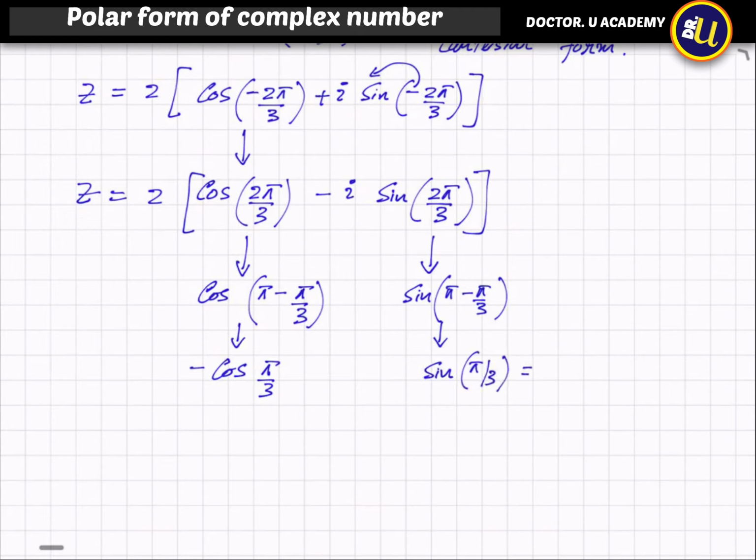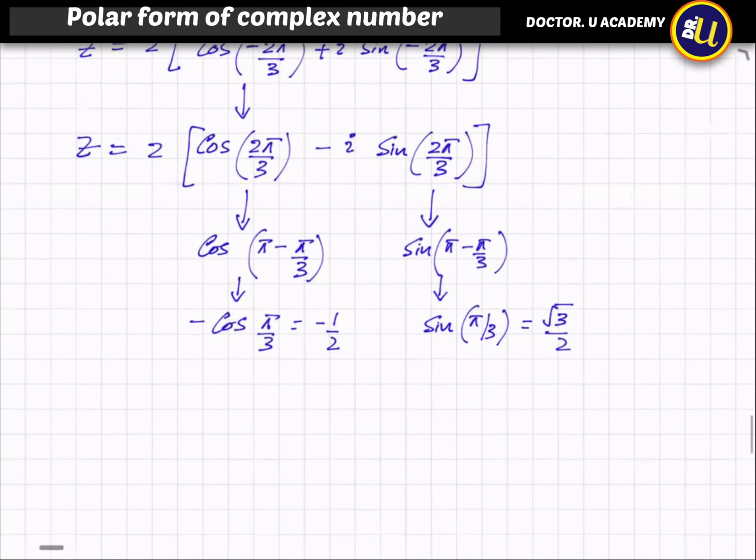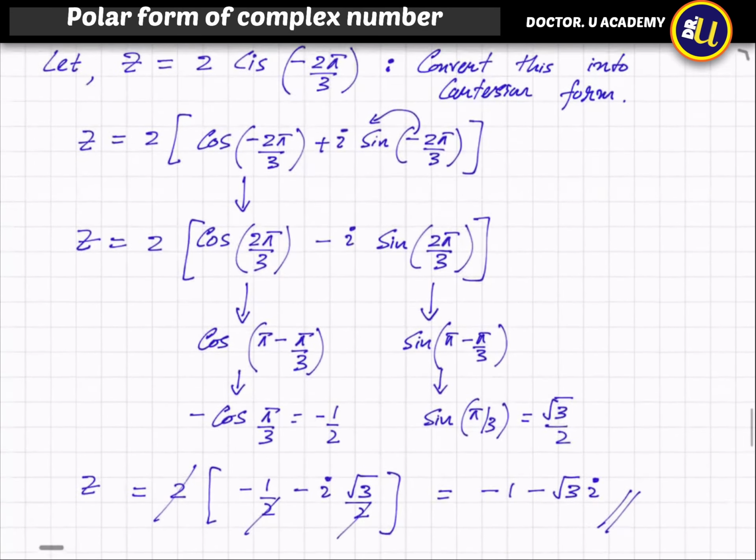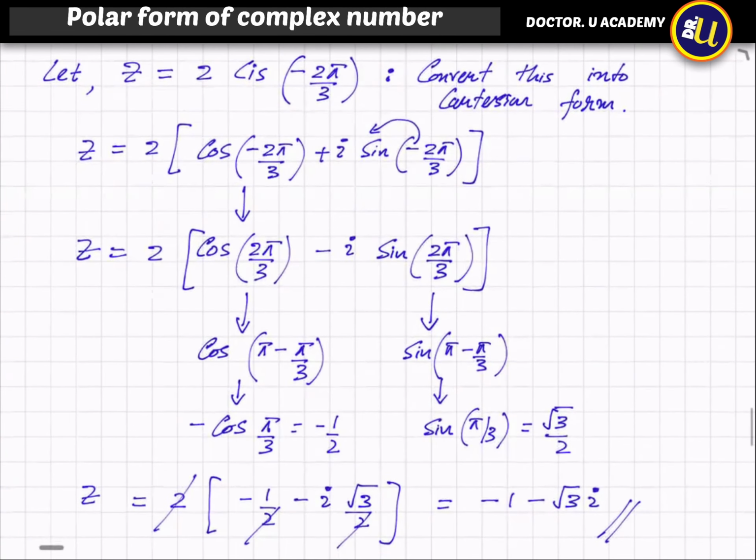Sine pi divided by 3 is sine 60, which is square root 3 divided by 2. Cos 60 is half, so it's minus half. So this can be written as 2 times minus half, then you have another minus over here, minus i, square root 3 divided by 2. Now you can cancel all of these 2's. So the answer would be minus 1 minus square root 3 i, and that is z, the complex number in Cartesian form.